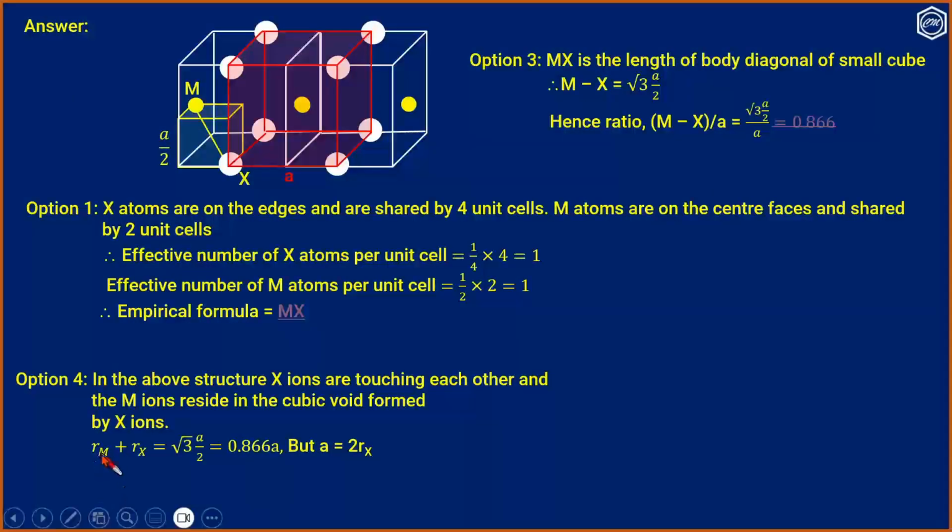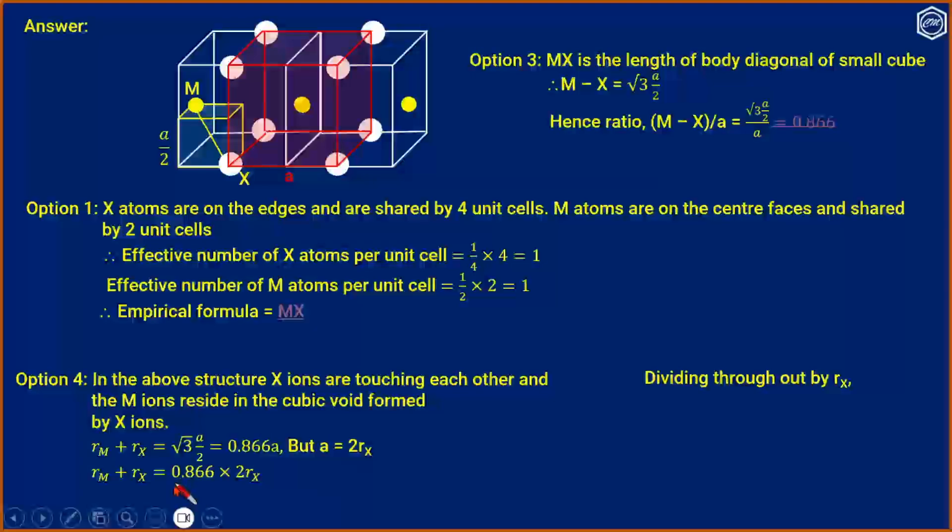So therefore we can write Rm plus Rx is equal to root 3 a by 2, and this is equal to 0.866a, and a is equal to 2Rx. So therefore Rm plus Rx is equal to 0.866 into 2Rx.